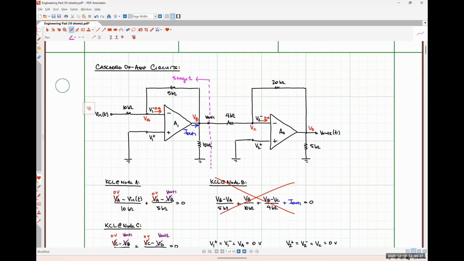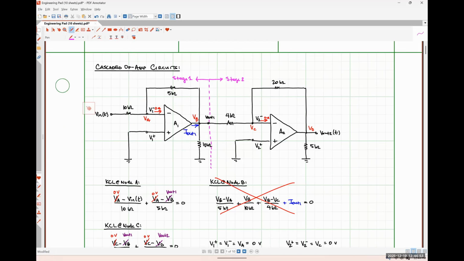And everything to the right of this line is going to be stage 2, okay? I want us to analyze stage 1 by itself. So mentally put your hand over stage 2 so that you can't see it.